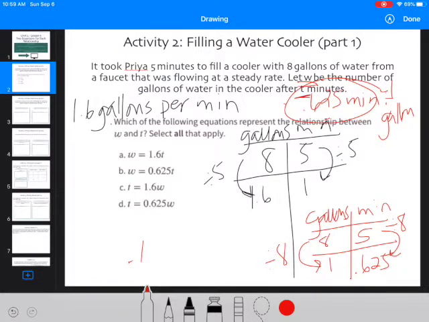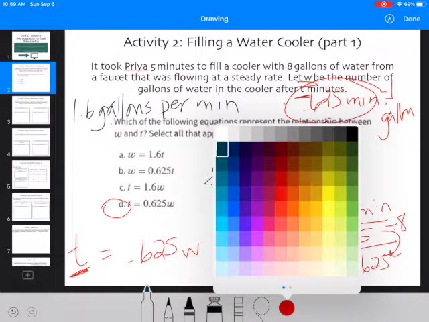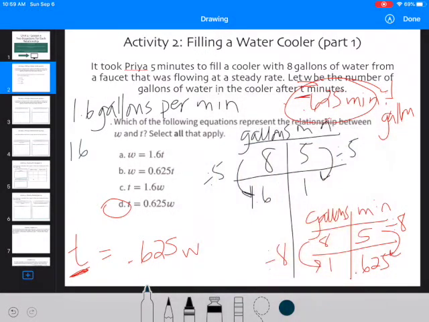So I would do 0.625 times W, and that would equal the amount of time, because 0.625 times the number of gallons is going to give me how much total time I had. So that would be D. And then if I work the other way, I know that 1.6 times the amount of time is going to give me the amount of water that's in my jug. So 1.6 times T equals W, so it's A and D.